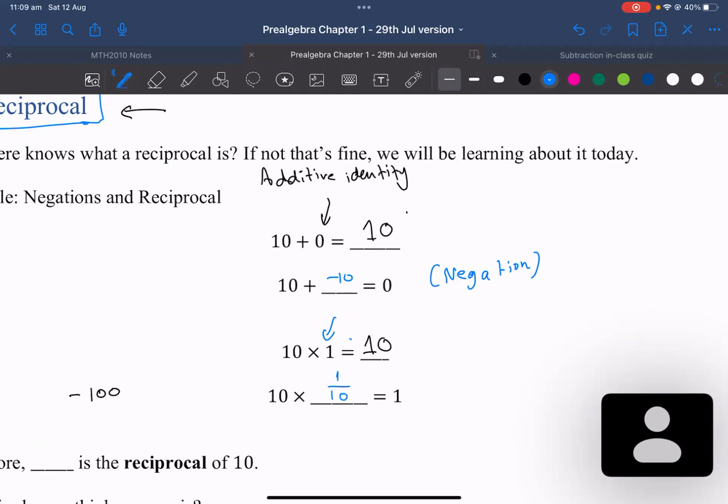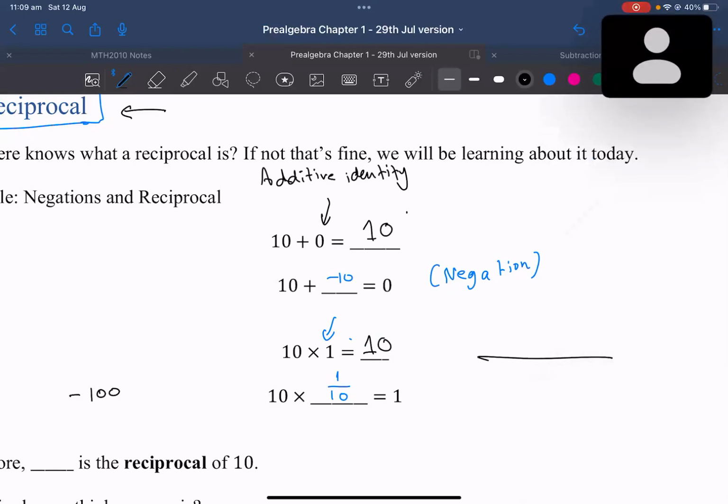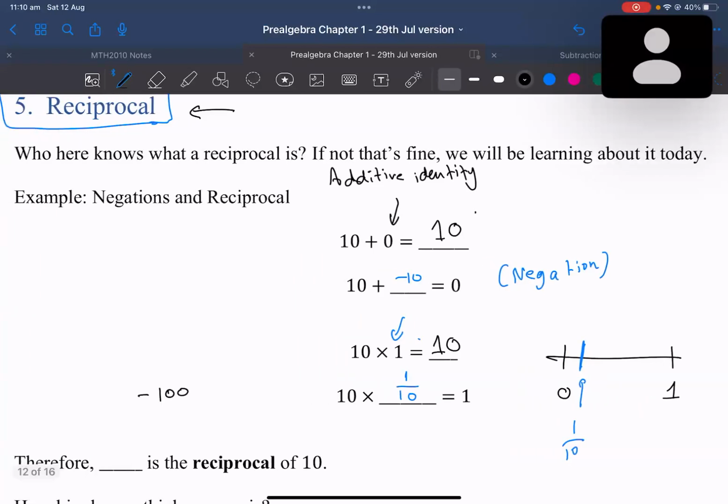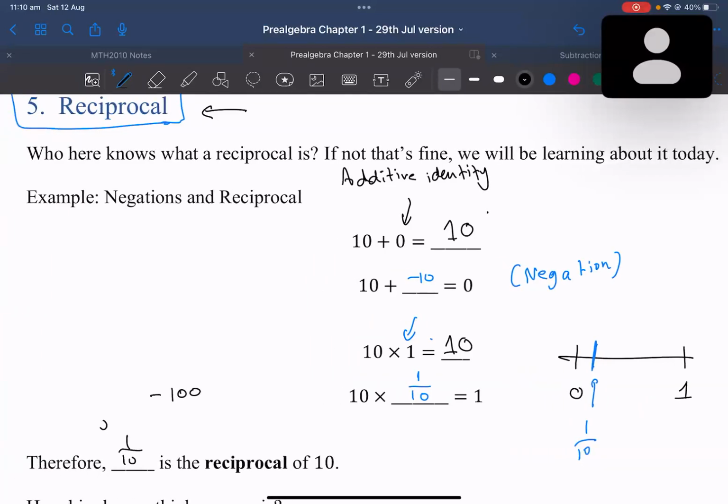What it is exactly is 1 divided into 10 parts. So 0 is here and 1 is here on the number line. 1 over 10 is somewhere really close to 0, 1 divided into 10 parts. It's 0.1, but we won't talk about decimals yet. Let's leave it as 1 over 10 for now.